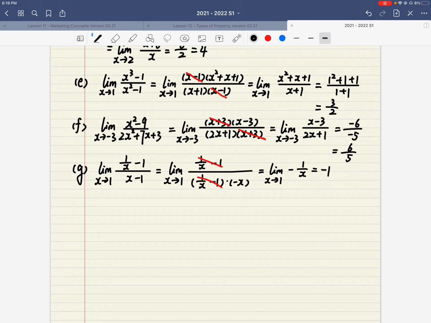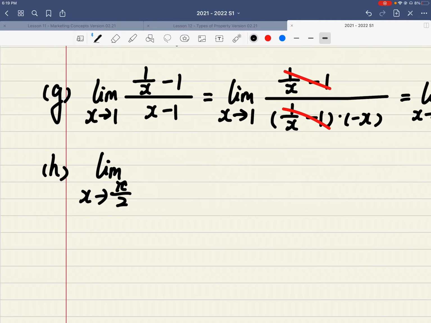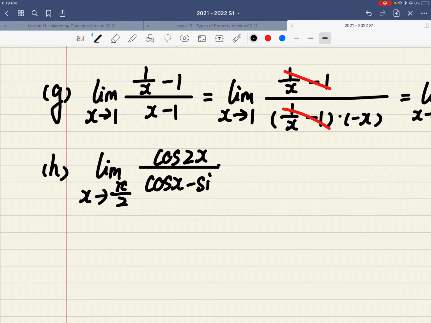Then part H. Okay, part H, you can just do the substitution. Because now, if you do the substitution, cosine 2x, which is cosine pi, over cosine half pi minus sine half pi.